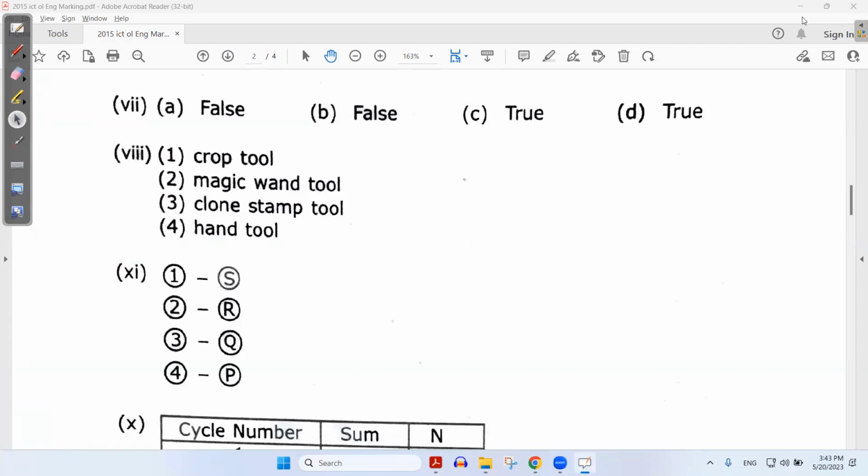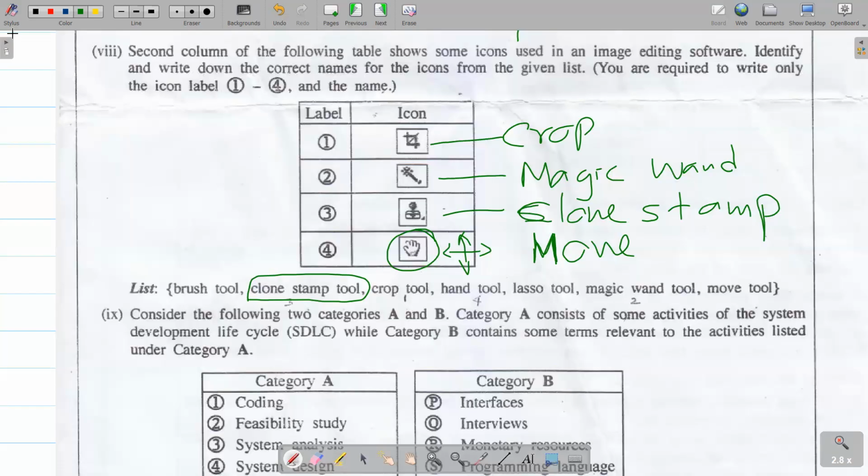Or else, this is the hand tool. Yes, that's what they call the hand tool, not the move. But anyway, you can have the marks for that because it's not in GIMP. You can't find that in GIMP. So 0.5 for each correct one. You can take the marks for the 4th one.